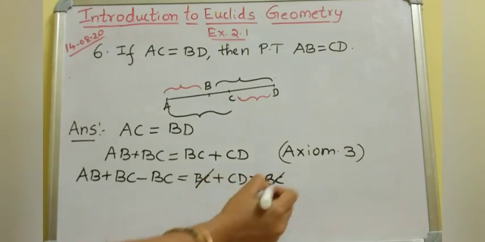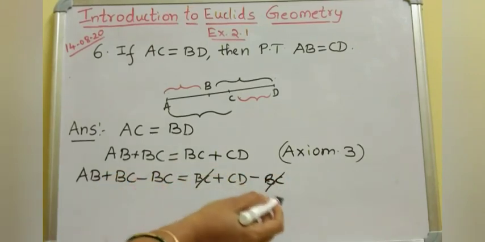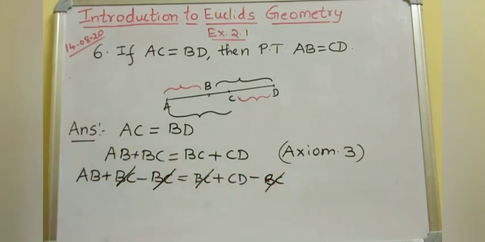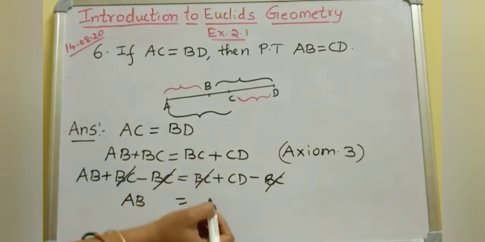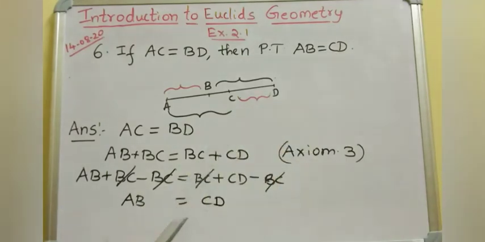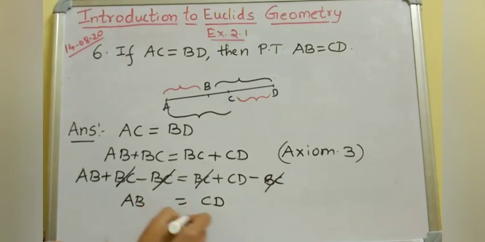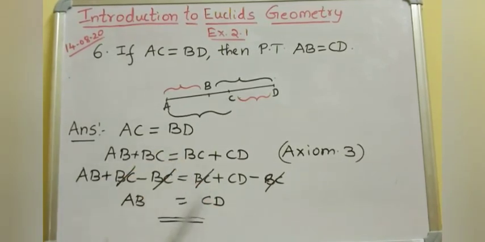Now BC plus and minus cancels. What are the remainders here? That is AB is equal to CD. Now see this, we have proved AB is equal to CD. So by using axiom 3, we have proved here AB is equal to CD.